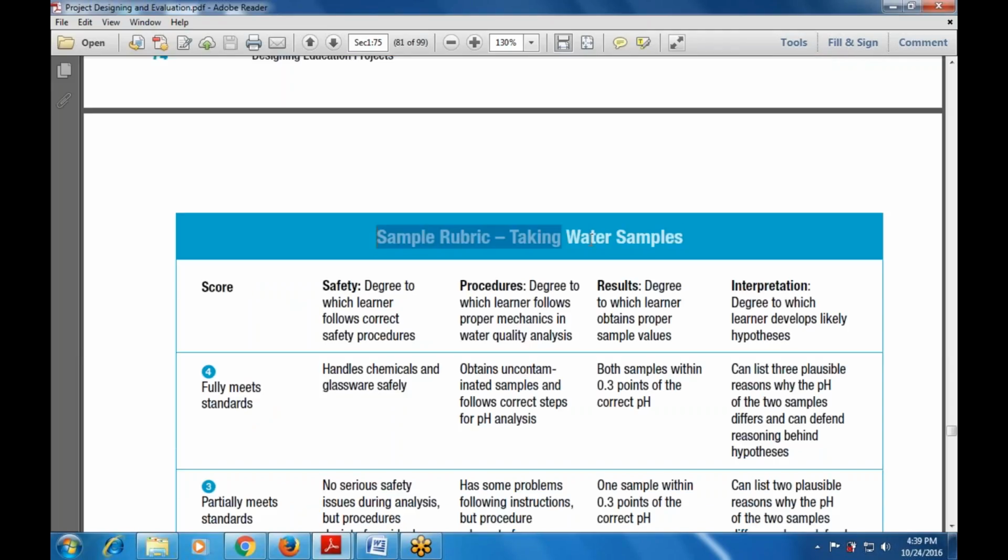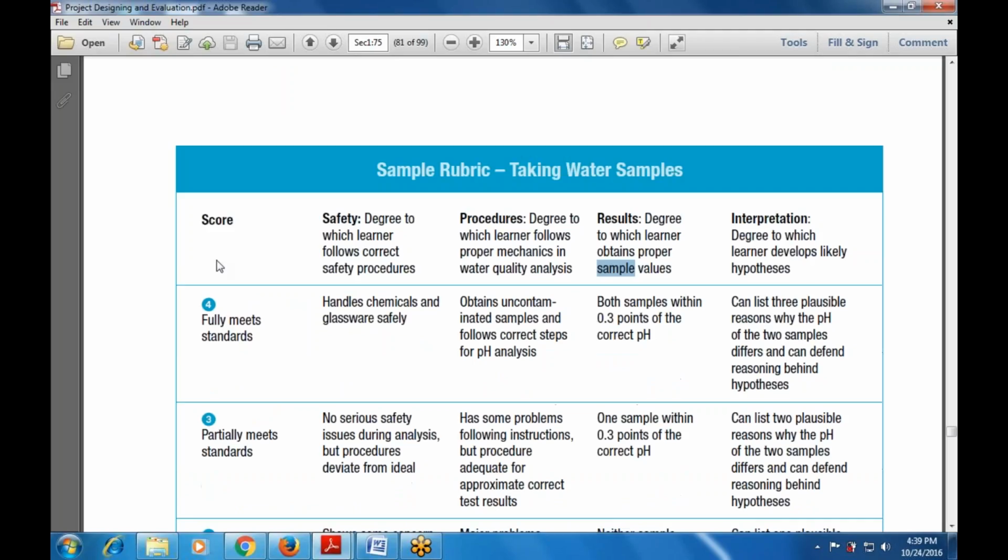Next is a sample rubric, taking water samples or the water supply. Safety is the degree to which the learner follows the correct safety precautions. Procedure is the degree to which the learner follows the proper mechanics.